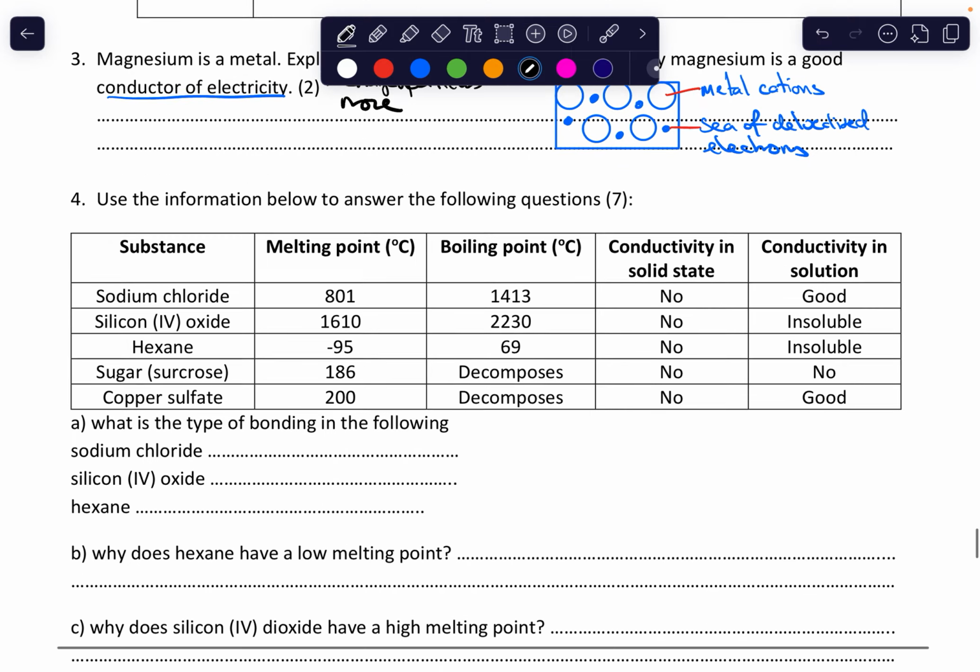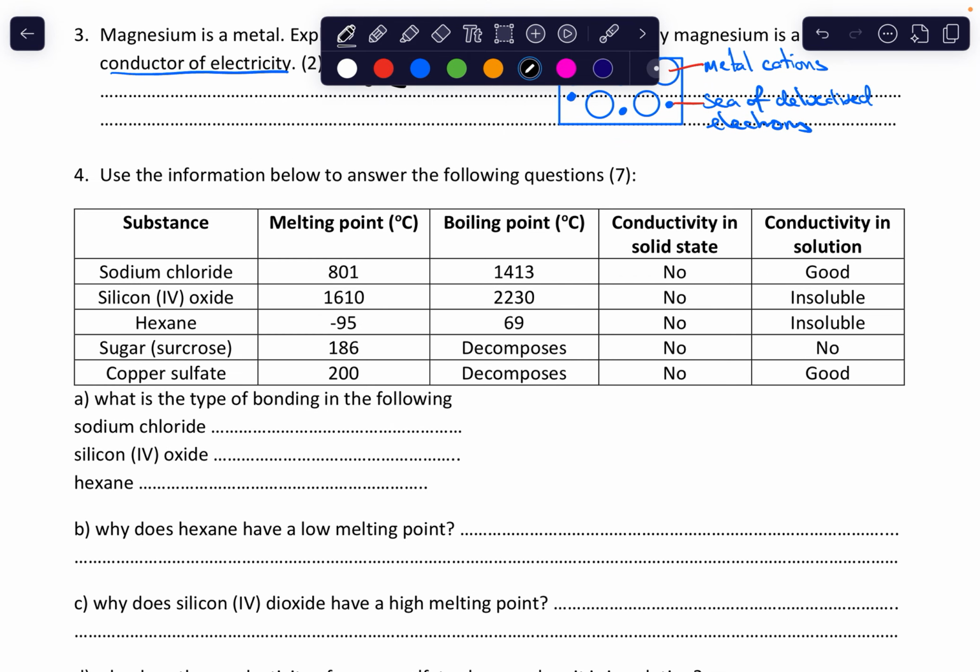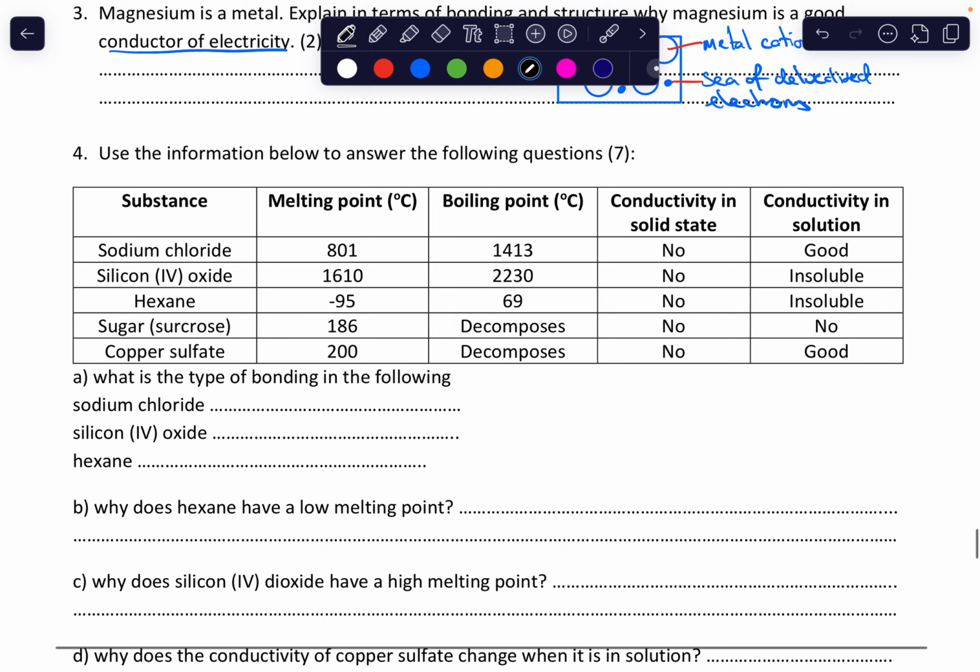Okay, in this question you are using the data in the table, and you need to remember some core knowledge around the different types of compounds. For example, we should remember that if you are ionic, you have a high melting point and boiling point.